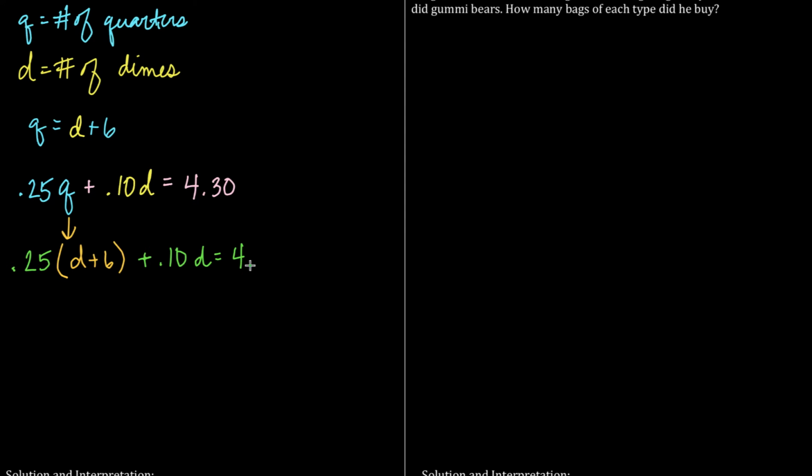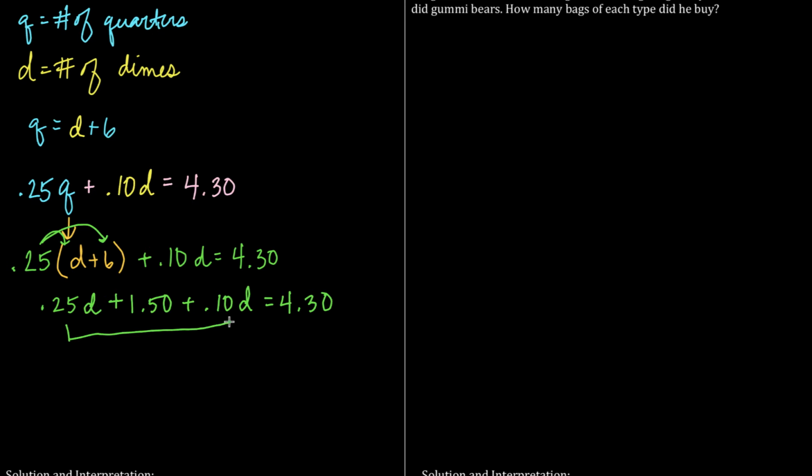Okay, so 0.25 D, 6 quarters will give me $1.50, plus the 0.10 D equals $4.30.